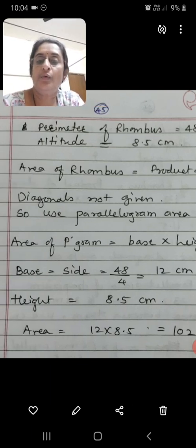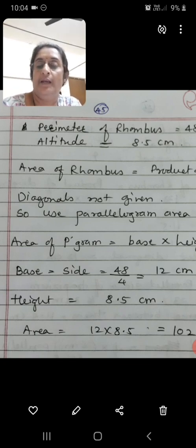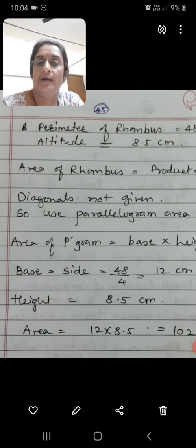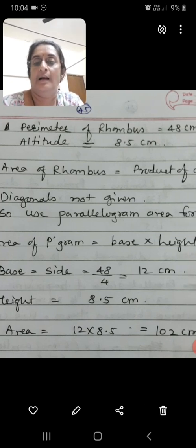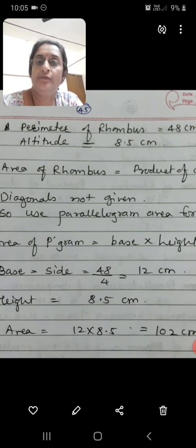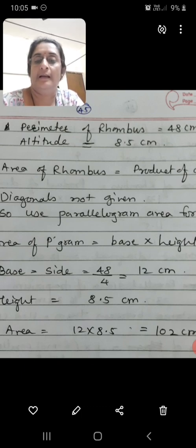So base is what? 48 is the perimeter divided by 4 sides, that gives you 12 centimeters. So each side of this rhombus is 12 centimeter. Height is 8.5. Now the area of this rhombus, using the formula of area of parallelogram, that is base into height, that is 12 into 8.5, that is 102 centimeter square.